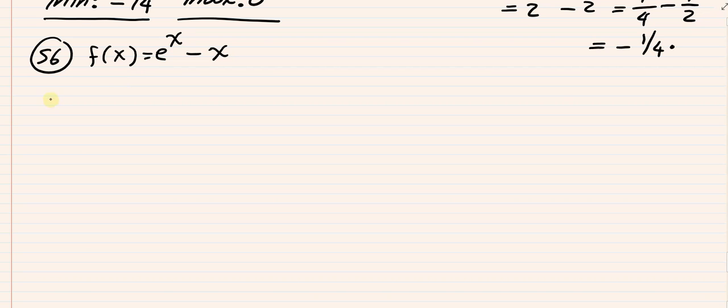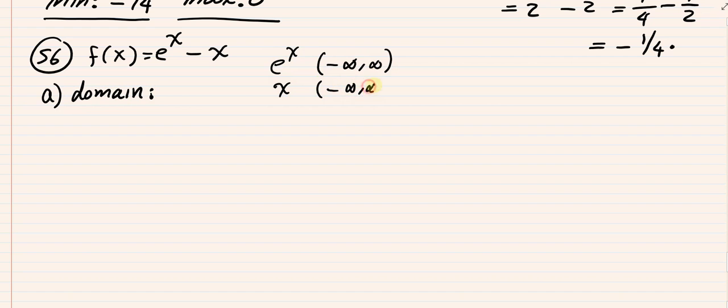So first of all, let's do the domain of this function, so I know where I should graph this. Am I limited to a certain interval, or is the domain all real numbers? Well, the domain of e to the x is negative infinity to infinity. The domain of x is negative infinity to infinity.